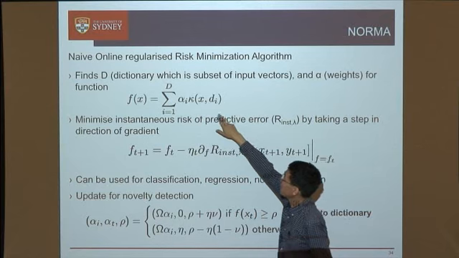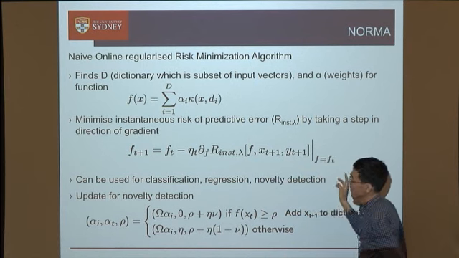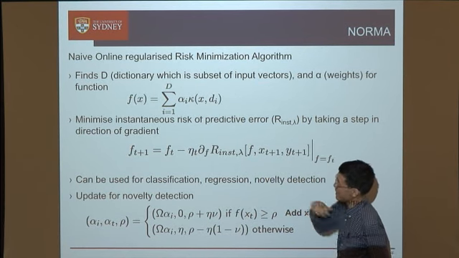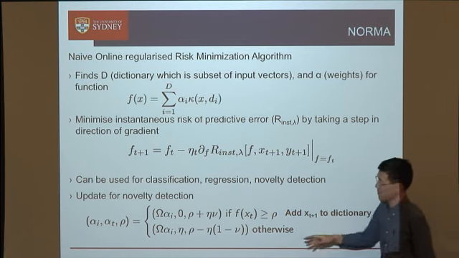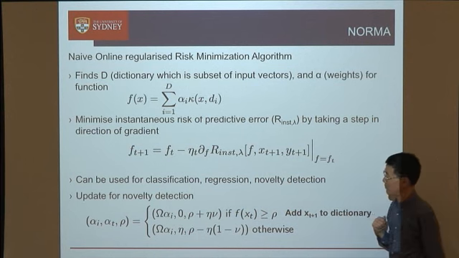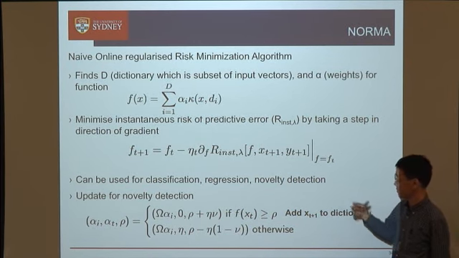Again, we're evaluating this function, computing the gradient and taking a step in the direction. As with all of these, we could implement classification, regression, or novelty detection with slight changes to the algorithm.